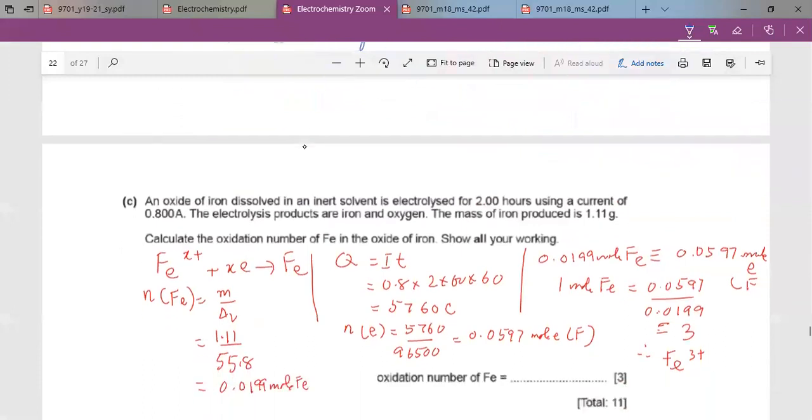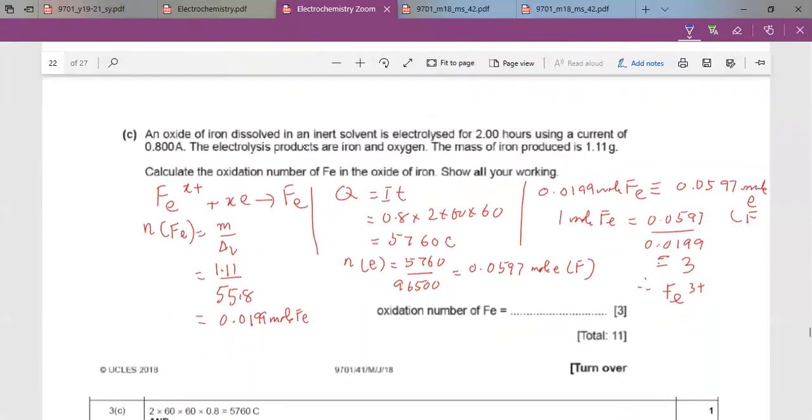Go back and review it. Now here is another question. An oxide of iron was dissolved in inert solvent and electrolyzed for 2 hours. So here's time again: 2 times 60 minutes times 60 seconds. This is the current I. Electrolysis products are iron and oxygen, so this must be the equation, because it says the mass of iron is 1.11.